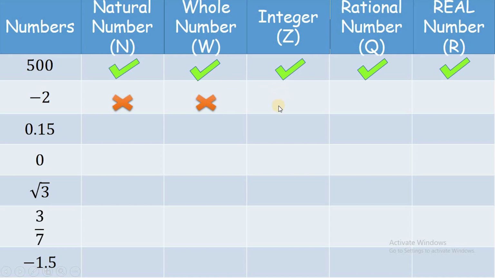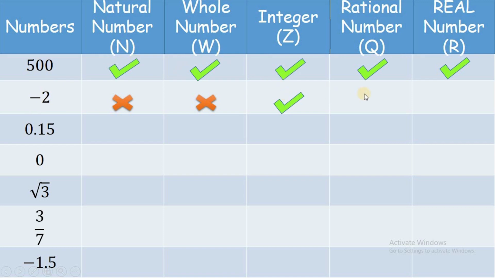And it is an integer because minus 2 is the negative of a natural number. That is, 2 is a natural number and we have a negative sign over here. So minus 2 is a negative of a natural number. In the definition of integer, we have said that integers are the collection of whole numbers and negative natural numbers. So here we have a negative natural number, therefore it is an integer.